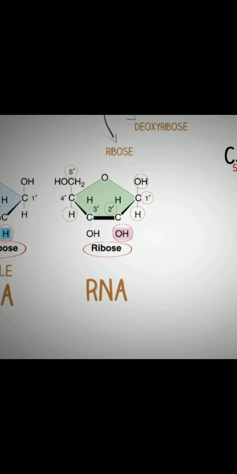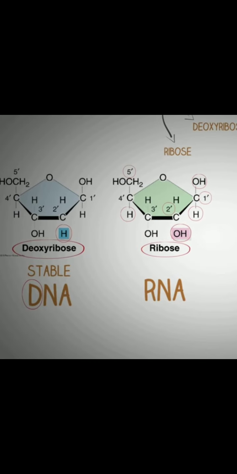If you compare this structure with deoxyribose, the only difference is in carbon number 2, because carbon number 2 only contains a hydrogen atom and not a hydroxyl group. So the resultant sugar is called deoxyribose. Deoxyribose is more stable as compared to ribose because of one less functional group. The deoxyribose is present in DNA and the ribose is present in RNA.